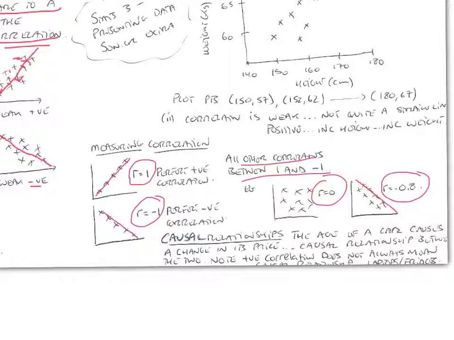Okay, and just the notion, we'll do an example in a second now, of causal relationships. So if we think about the age of a car and how it causes a change in the car's price, we could say that there's a causal relationship between the two, the age of the car and the price of the car. But just to note that a positive correlation does not always mean a causal relationship. You could plot a scatter graph of people buying laptops and fridges.